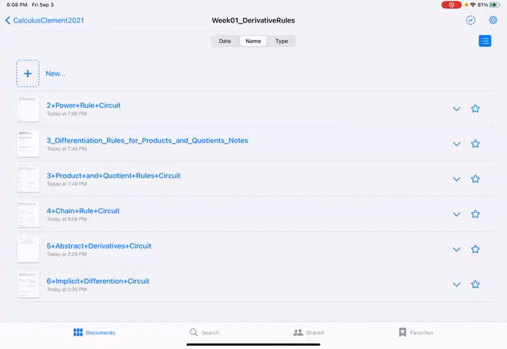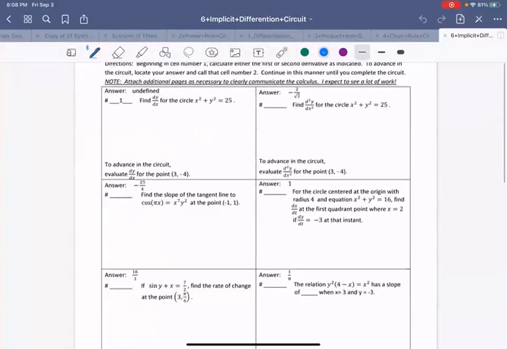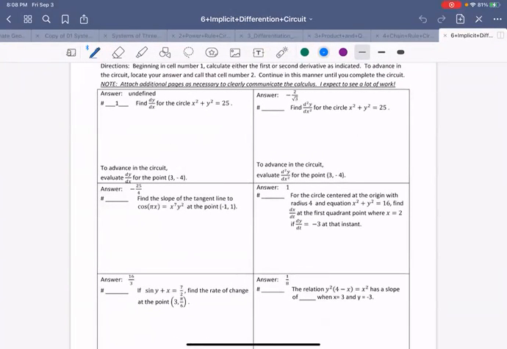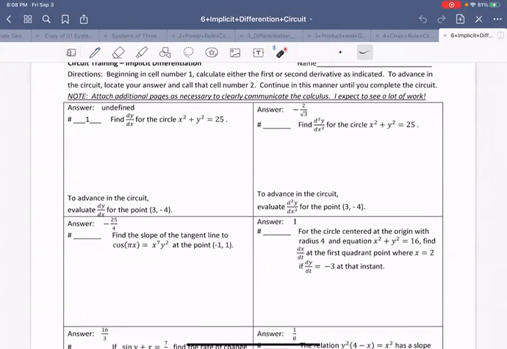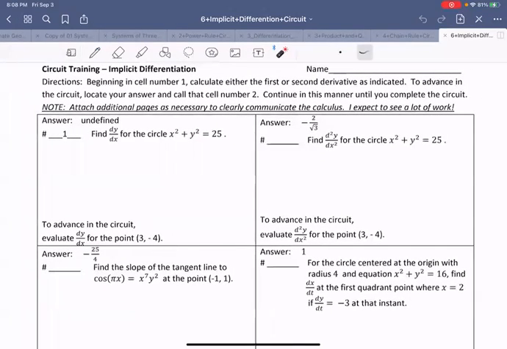Now let's do implicit method. Okay, now we are going to do implicit method. Angela, let's do the implicit for this guy, dy over dx. It's 2x plus 2y times dy over dx equals 0.